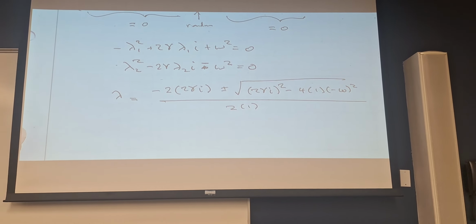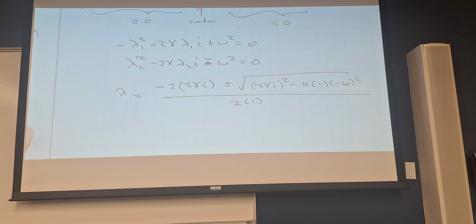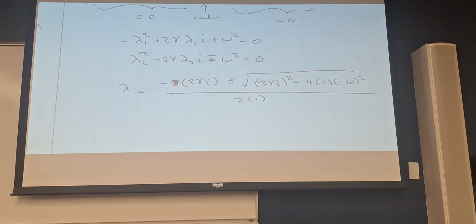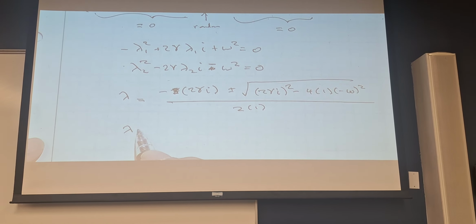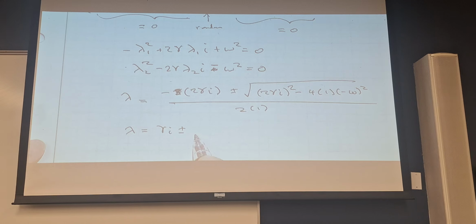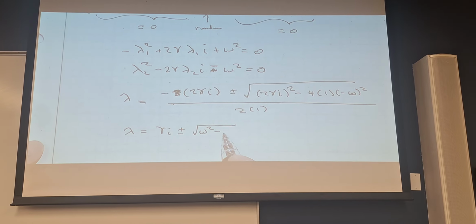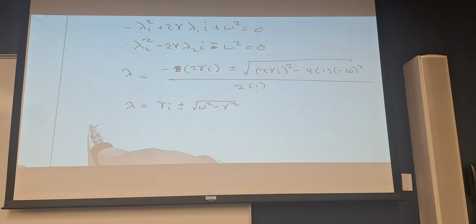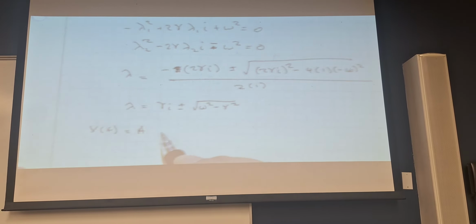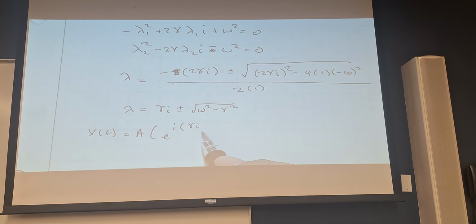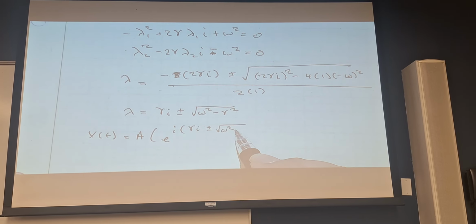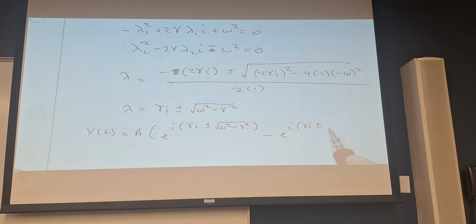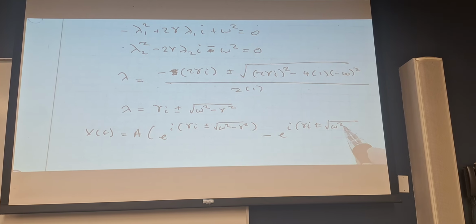If you do this and simplify, we should get lambda equals gamma i plus or minus the square root of omega squared minus gamma squared. So our final solution becomes x of t equals e to the i gamma i plus or minus square root omega squared minus gamma squared t, minus e to the i gamma i plus or minus square root omega squared minus gamma squared t.